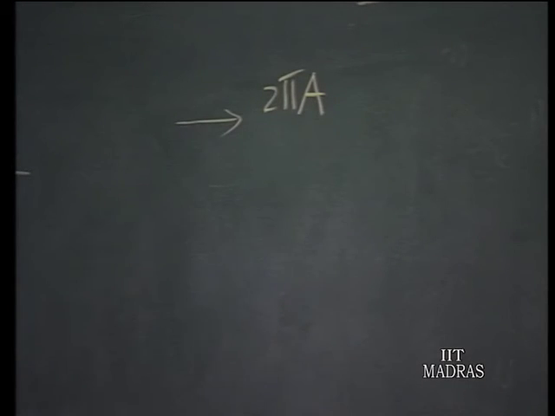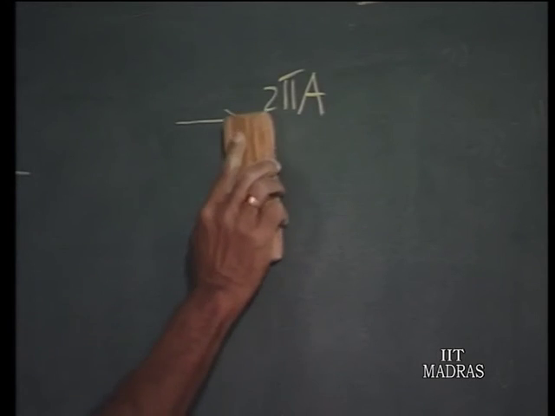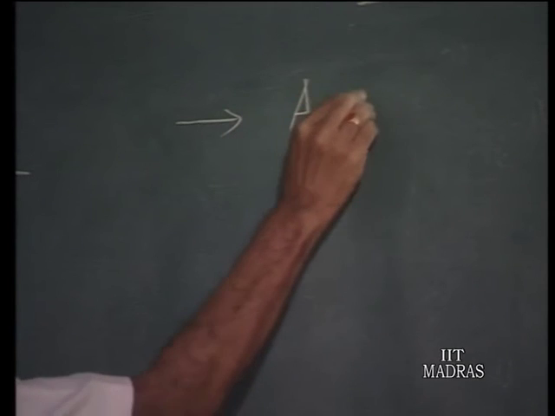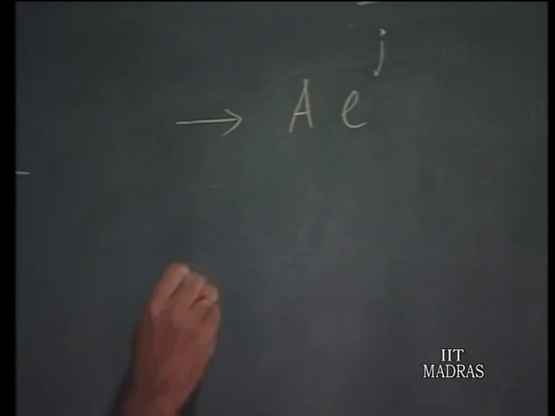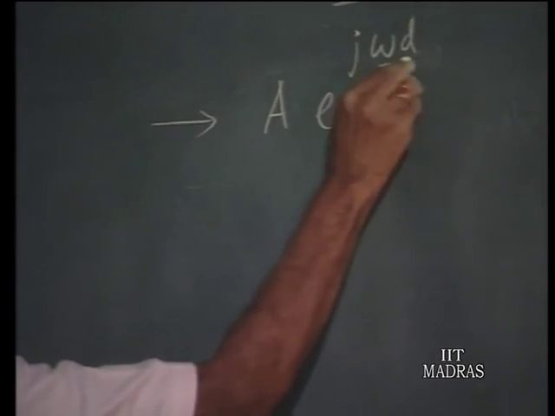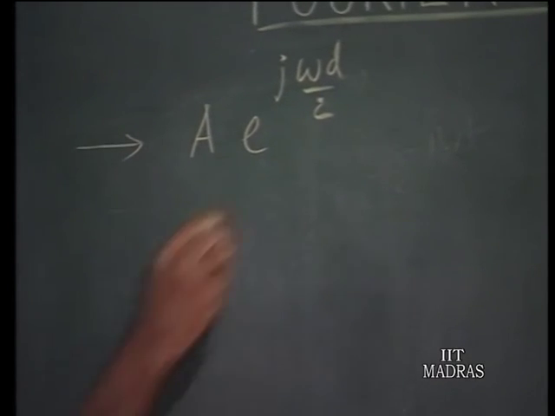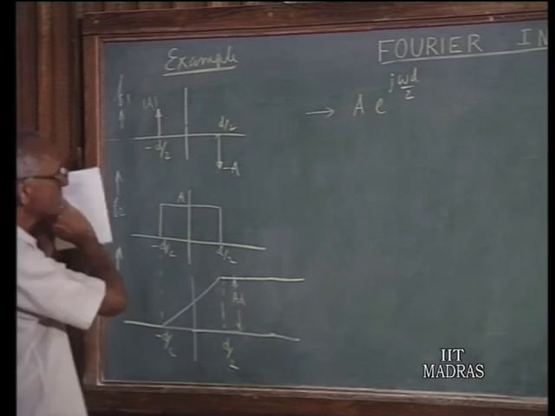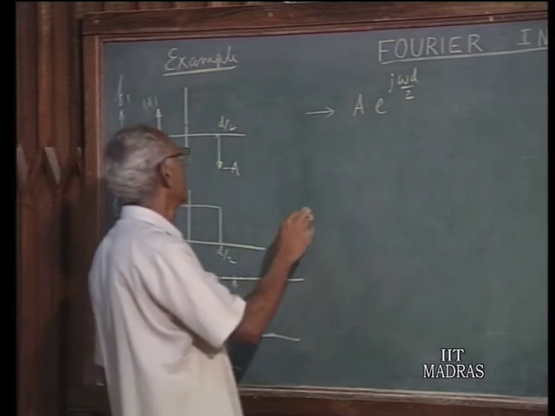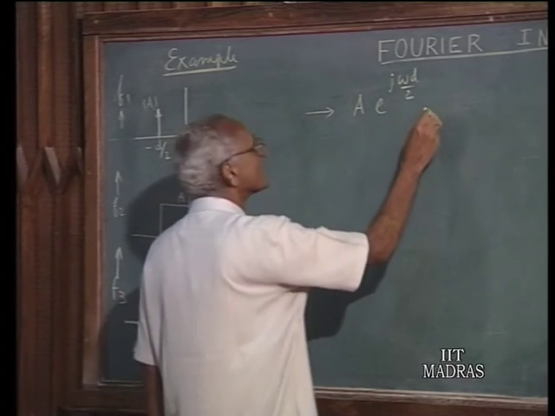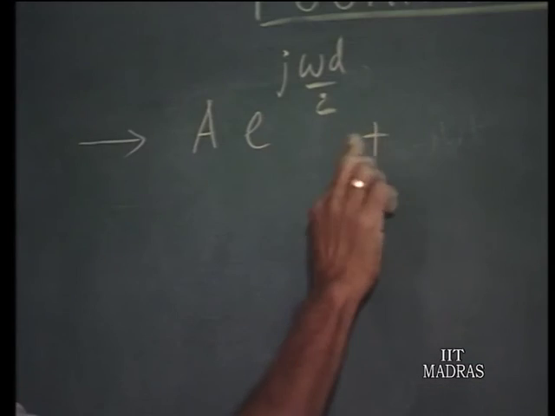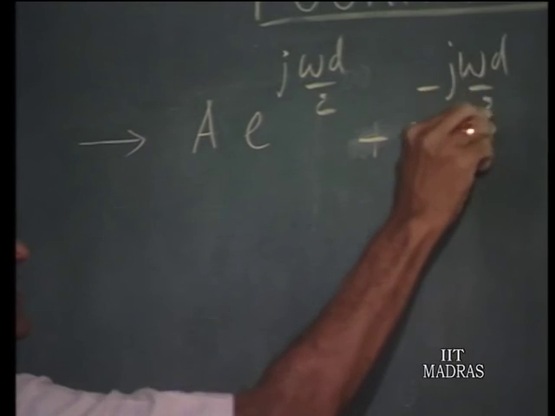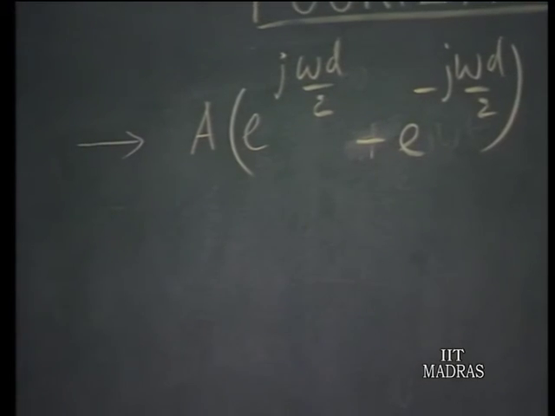I am sorry, this is an impulse of strength a, therefore, a e to the power of j omega d upon 2 representing this pulse, and this is minus a e to the power of minus j omega d by 2 because it is shifted in time by d upon 2 seconds, and this is negative, therefore, minus j omega d. So, this is the Fourier transform of this.